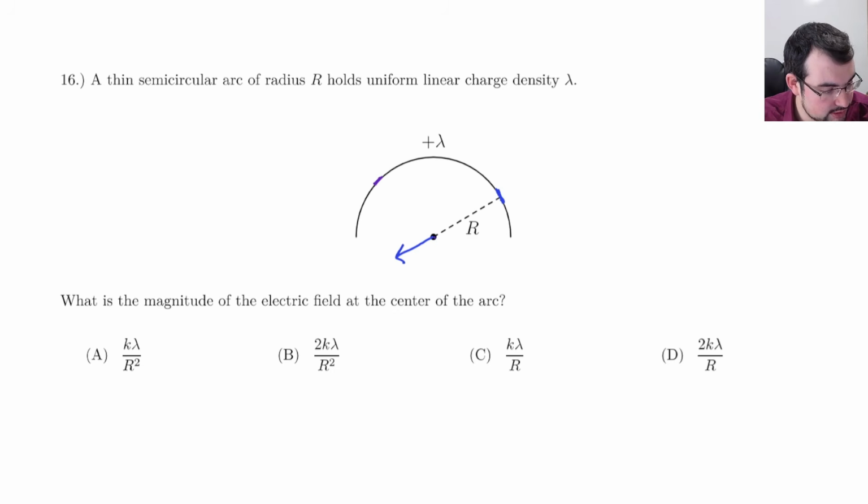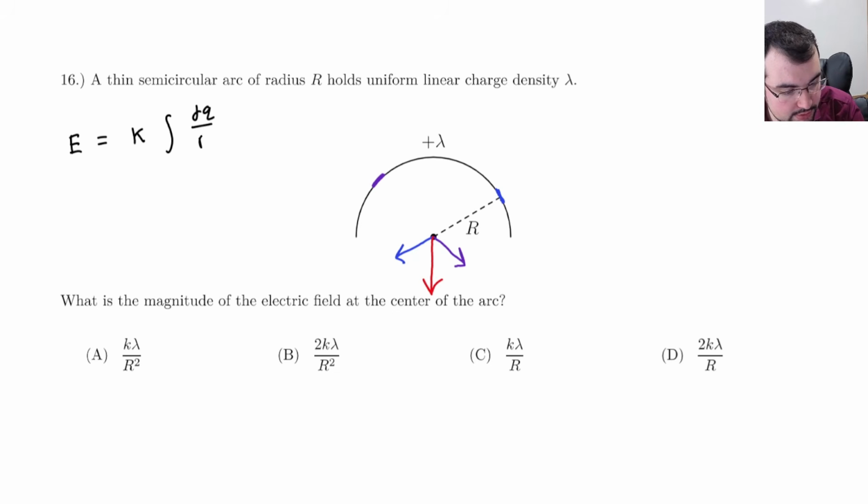This is very similar to our triangle problem, where the E fields have canceling components, and we want to extract just part of it. Our expression for a continuous charge distribution is E equals k times the integral of dq over r squared r hat, where r hat is the component extractor if we need it, and we definitely need one.